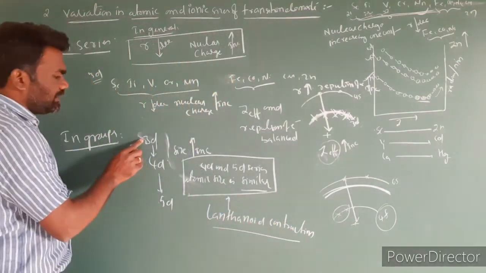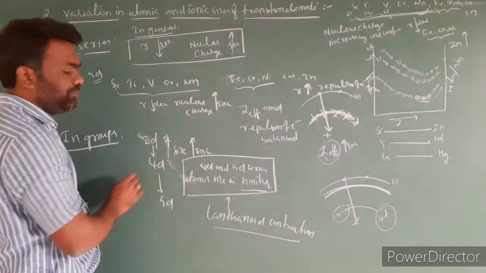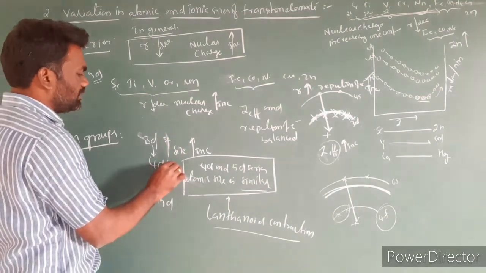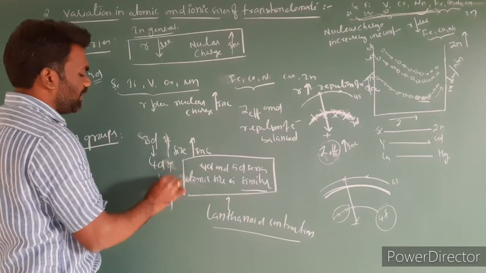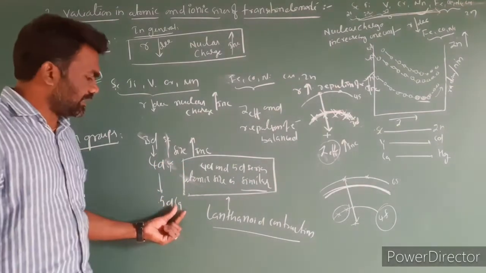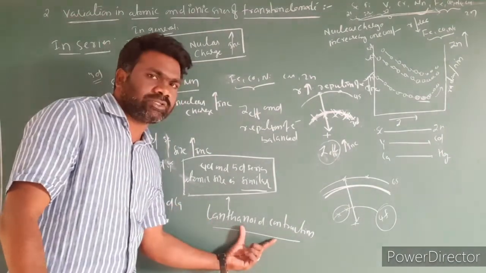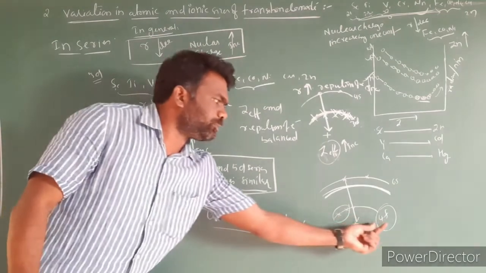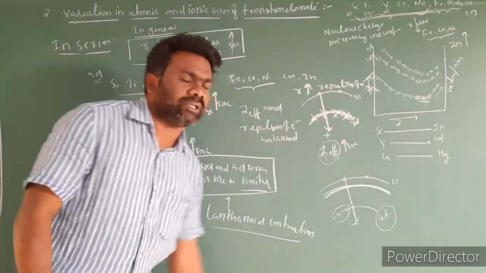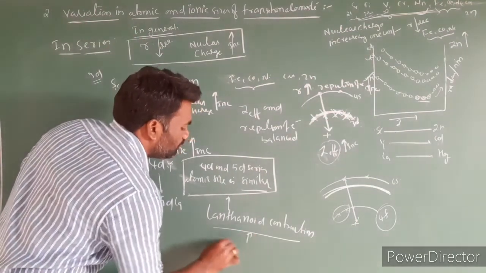So here we have 3d, 4d, 5d. The 3d elements start with scandium; the next series has scandium, yttrium, and lanthanum. In the lanthanoids, from here onwards atomic size keeps decreasing; this is called lanthanoid contraction, due to the poor shielding effect of the 4f orbital.